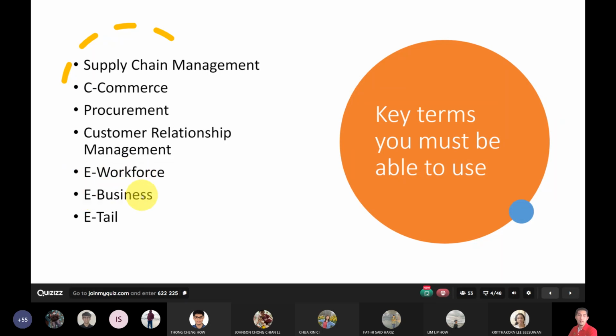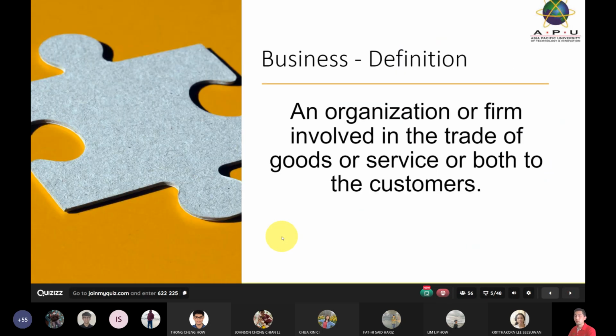E-business as a whole is the bigger idea of where e-commerce sits under. And of course, e-tailing, whereby you will see growth and expansion across all these different platforms. I'm very sure all of us are familiar with the more popular ones here in Malaysia, which are Lazada and Shopee, but it is also something affecting everyone in the world today.